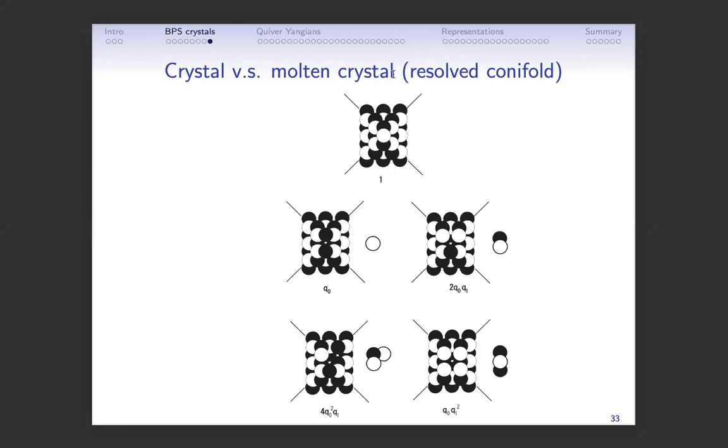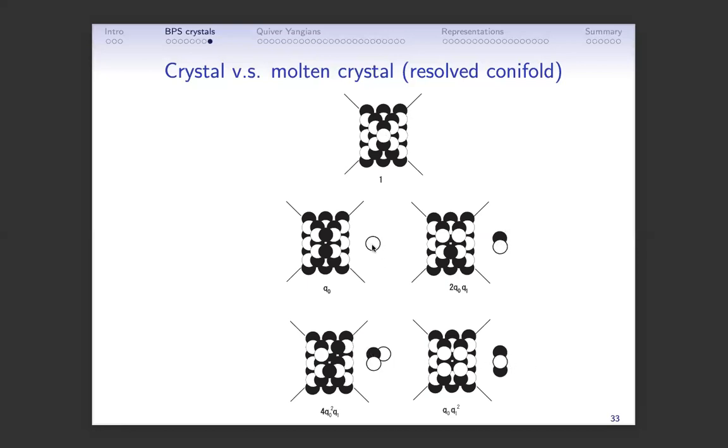And the molten crystal is a finite part, the finite bit near the origin, where you kind of peel off. This is an example of the resolved conifold. This is the full crystal, and for this one you first grow this atom. You can think of removing this first atom from the full crystal, and then the first excited state, second excited state, and then the third one.